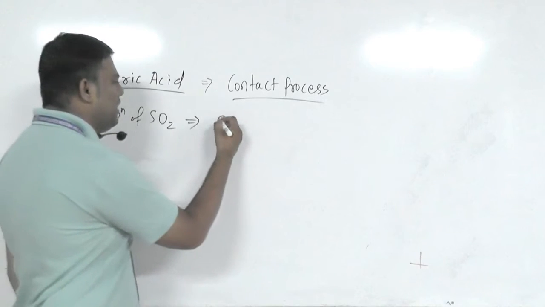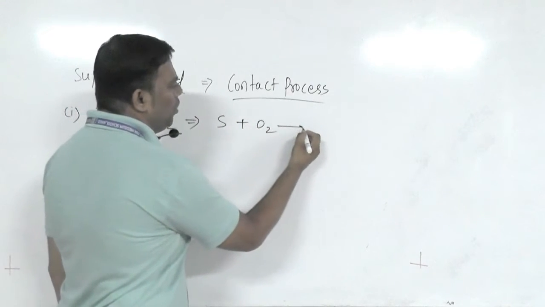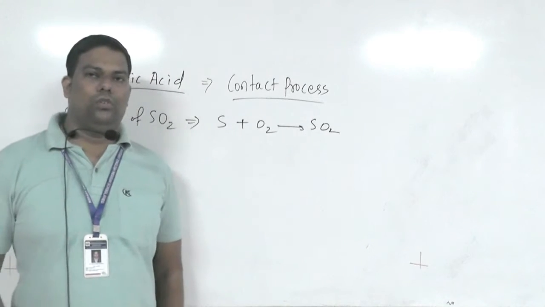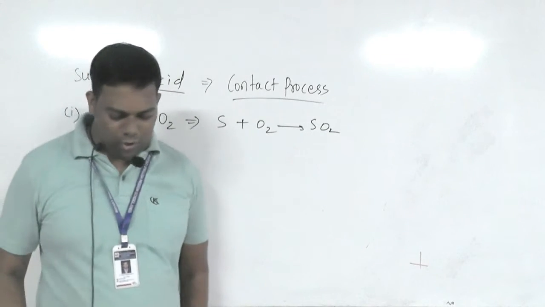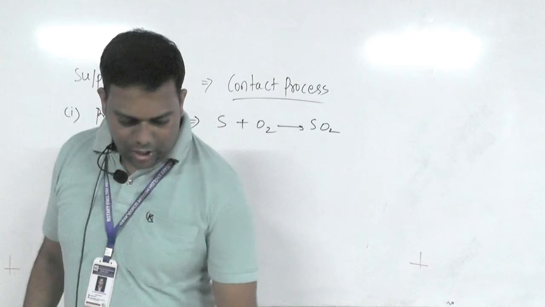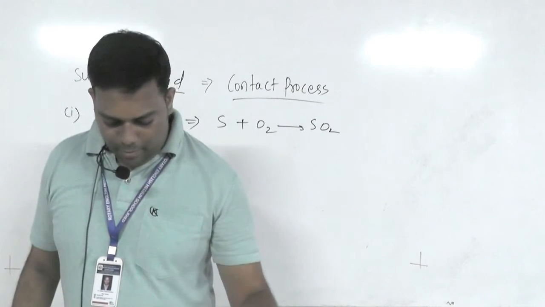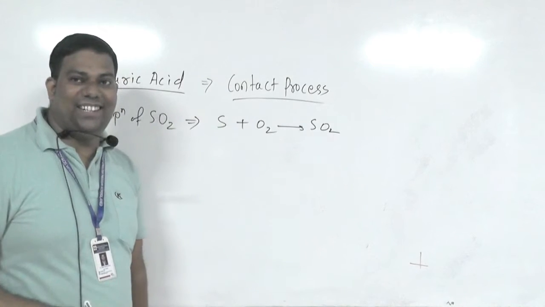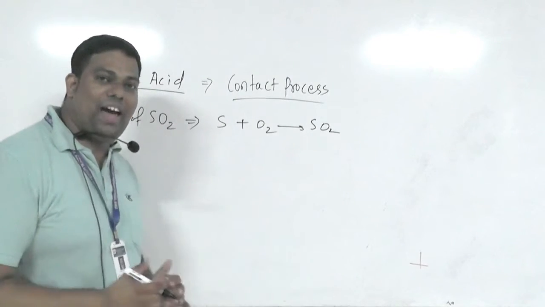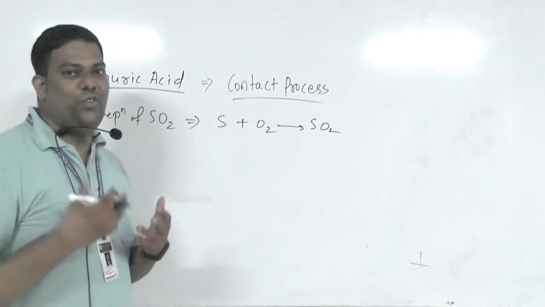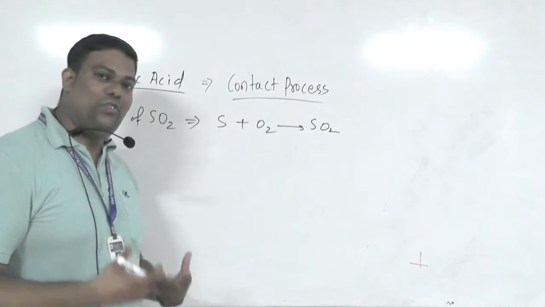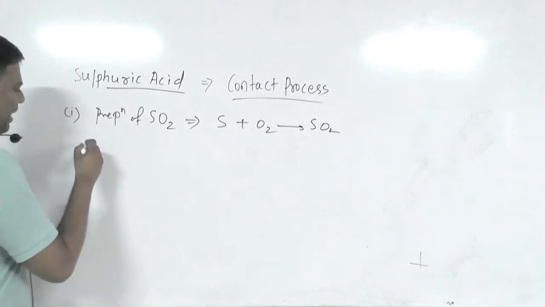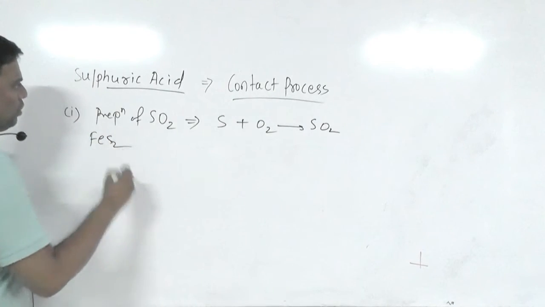Our reaction is S plus O2 gives SO2. Another method also we can use: from iron pyrites. When iron pyrites is oxidized, you will get SO2. Your iron pyrites is FeS2.